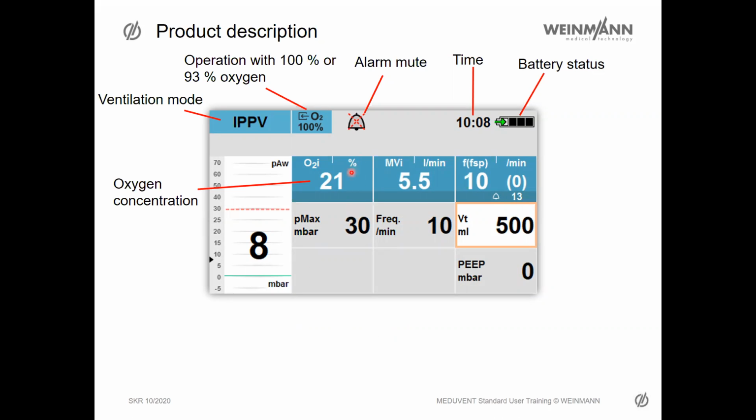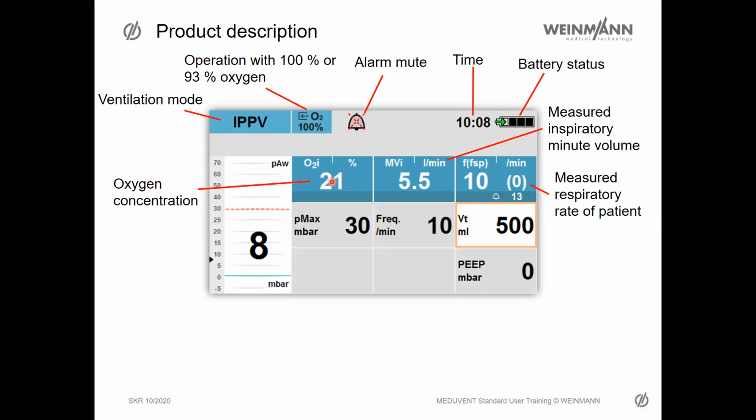All the measurements are with a blue background. We have the measured inspiratory minute volume, and new with the new software, the measured respiratory rate of the patient. We have in the front the rate altogether, and in here we have the spontaneous respiratory frequency of the patient.